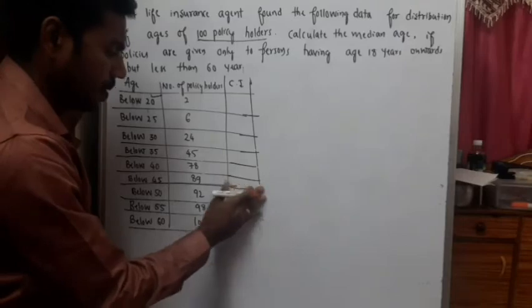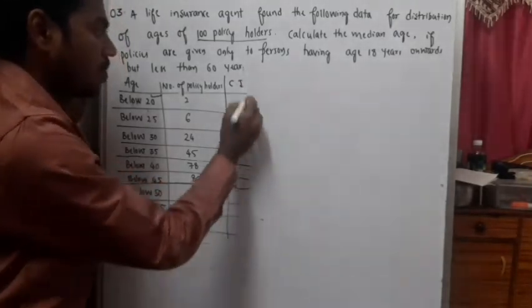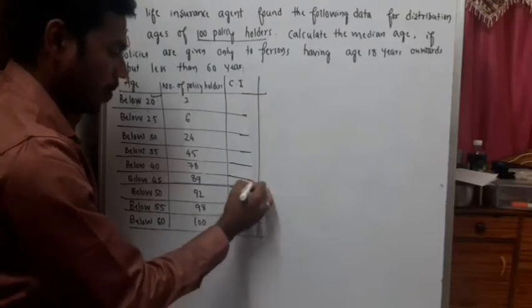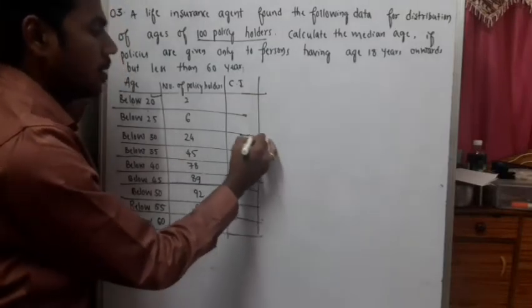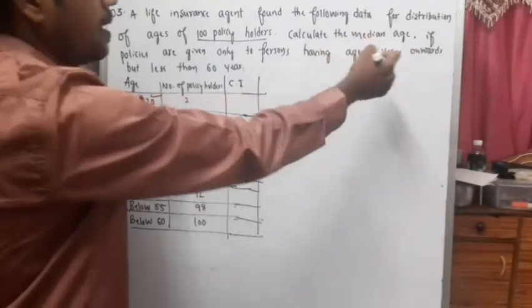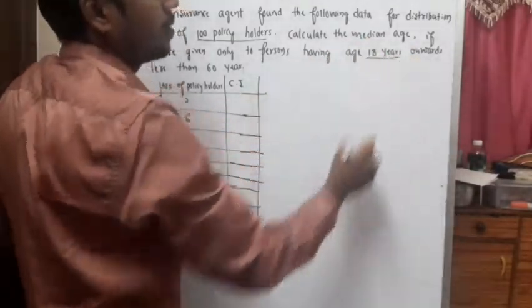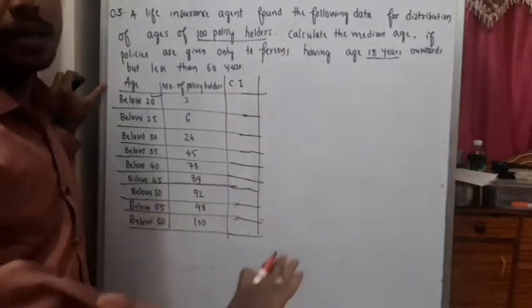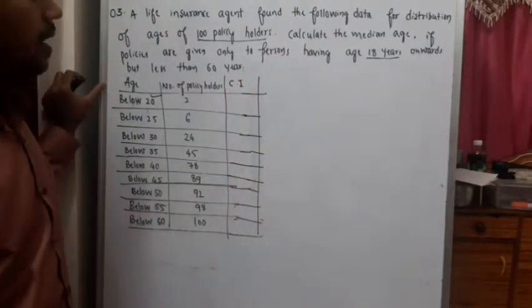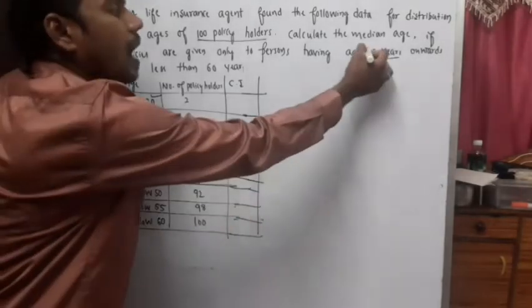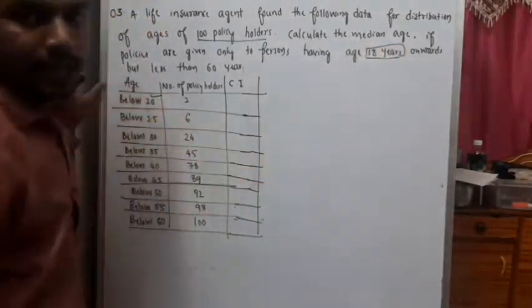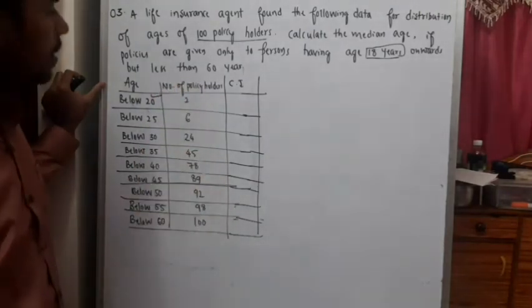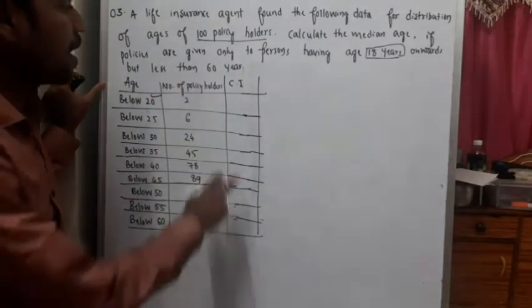See, it is stated that insurance will be given to the person having age 18 years onwards, and it is in between 18 to 60. So whoever has the age in between 18 to 60, that person will receive the policy according to this particular statement. So we need to write the class interval.